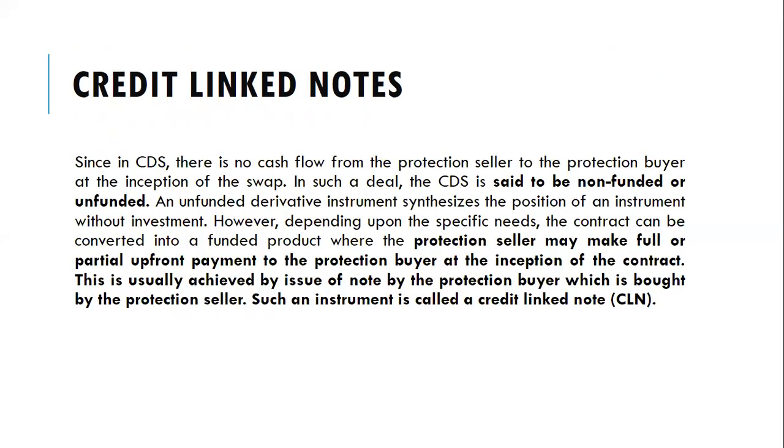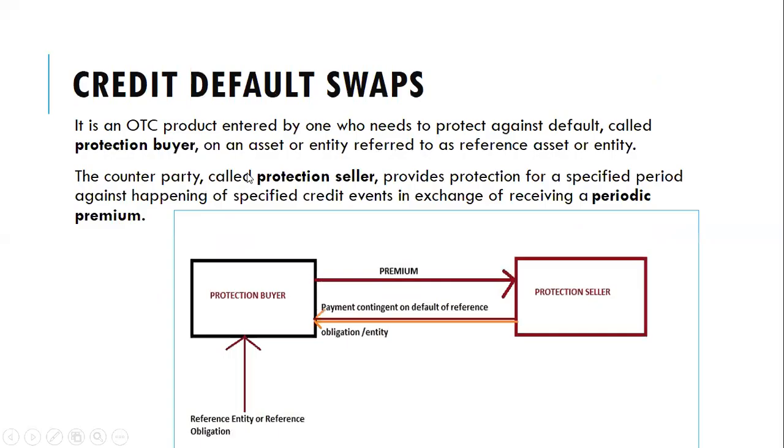And similarly when it comes to credit linked notes, you will notice that in credit default swaps there was no cash flow from the protection seller to the protection buyer at the inception of the swap. When we consider credit default swaps, the protection buyer, like when buying insurance, always pays some premium, and the protection seller makes some payment only on the occurrence of the event.